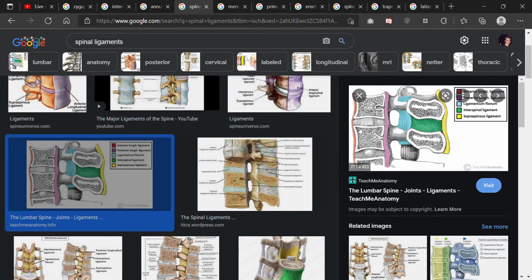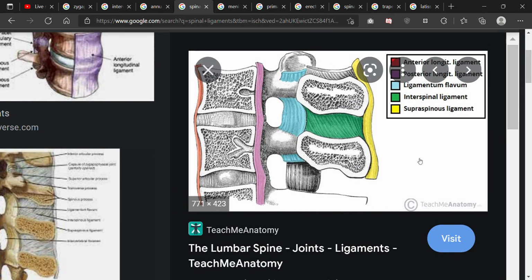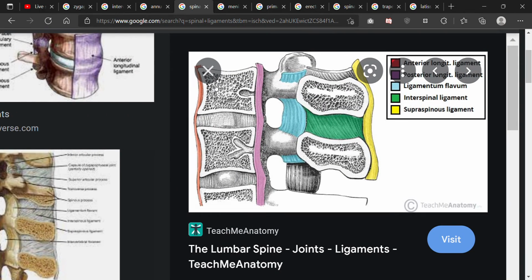So you have the anterior longitudinal ligament, which is on the inside most, or the most anterior to the vertebral body. The anterior ligament, the ALL.